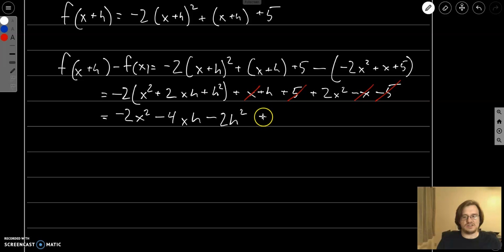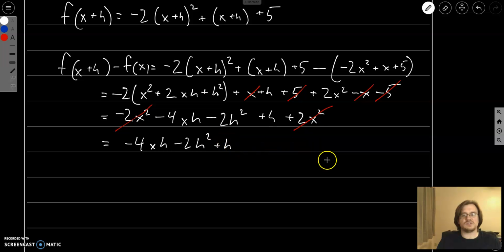I have a plus h here, and a plus 2x squared, and we'll notice that more things cancel. We have a negative 2x squared and a positive 2x squared. So what I have here is minus 4xh minus 2h squared plus h.